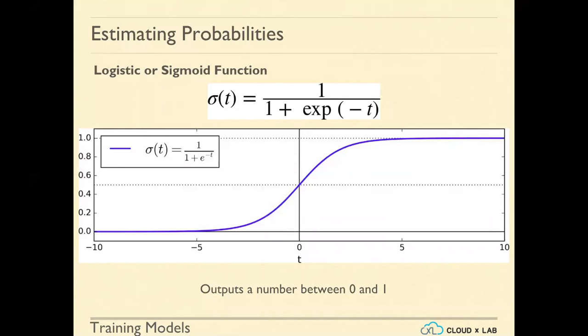Exp is the e to the power. You see this e to the power? e is nothing but 2.3, so it's that number. It could have been even 10 to the power something.